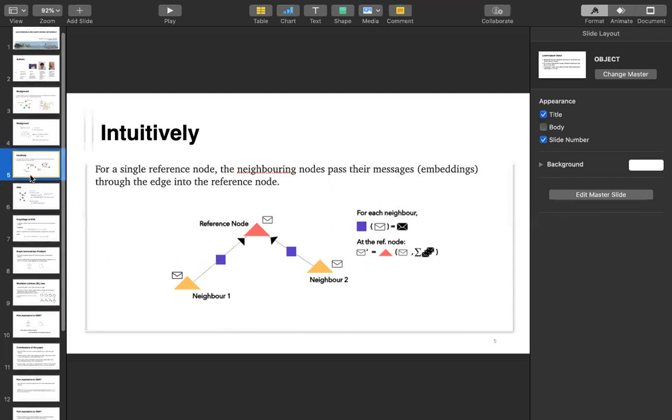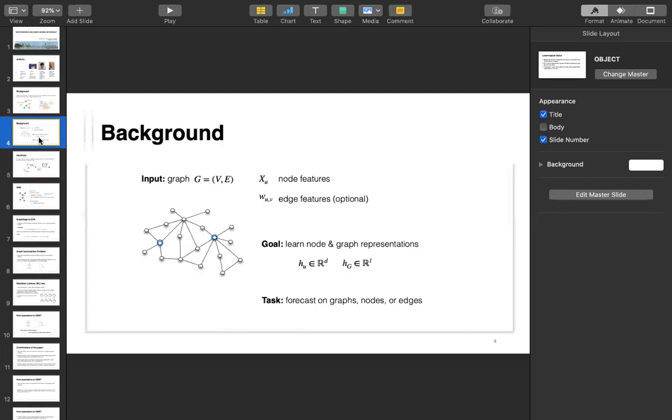So to understand graph neural networks intuitively: our goal is to learn node and graph representations, and we want these representations to incorporate the structural information of the graph.